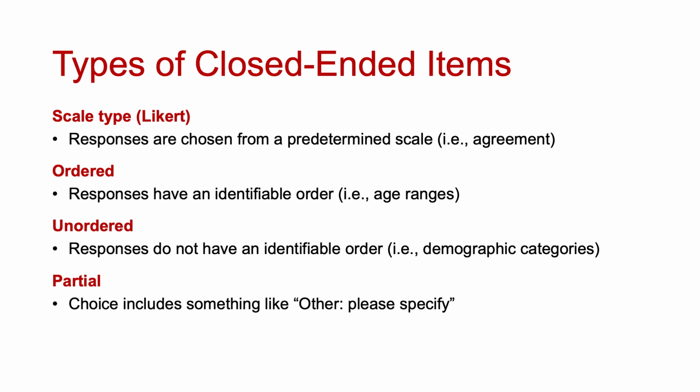Some ordered responses, so responses that go from low to high, for example, things like age ranges. There's a direction. Responses that are unordered, so demographic categories, for example. There's no order from lowest to highest or best to worst. They are just categories that collect categorical data.